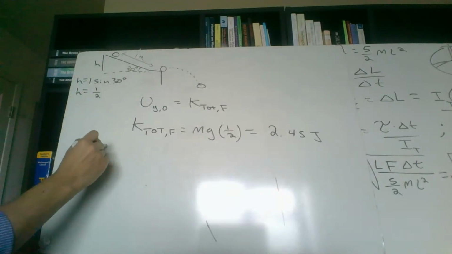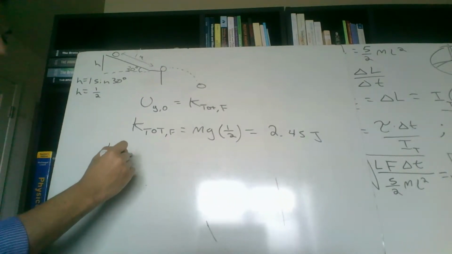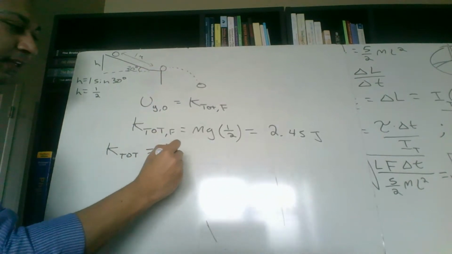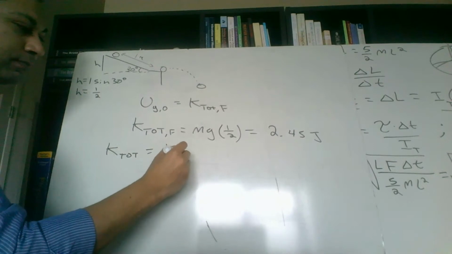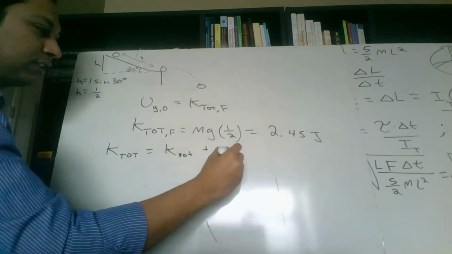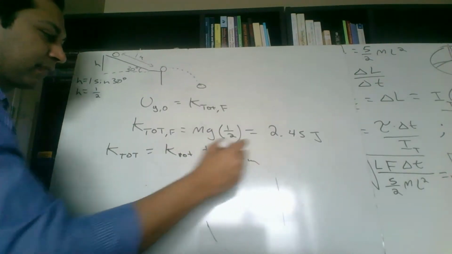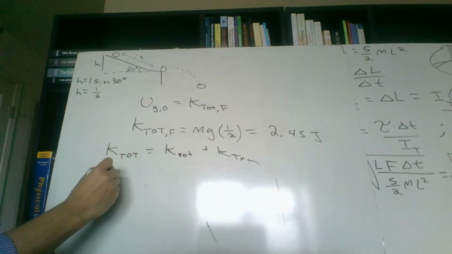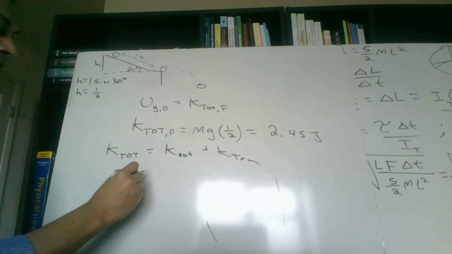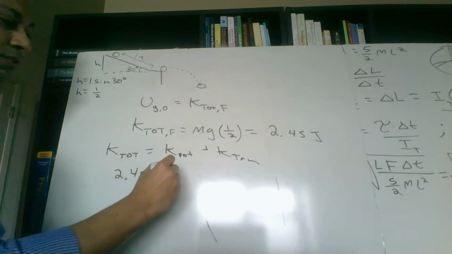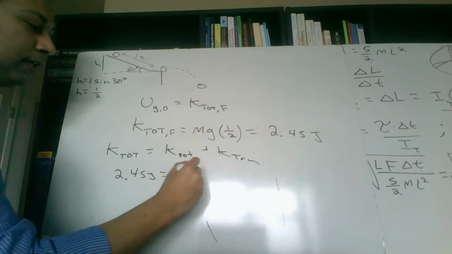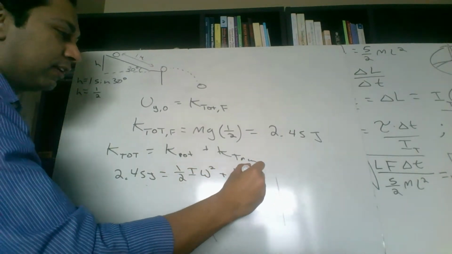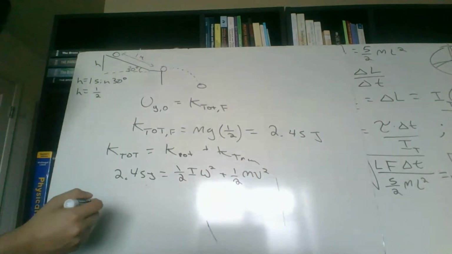So we can say that total kinetic energy at that point right here is equal to rotational kinetic energy plus translational kinetic energy. And so over here you have 2.45 joules, and that's equal to 1/2 I omega squared plus 1/2 mv squared.